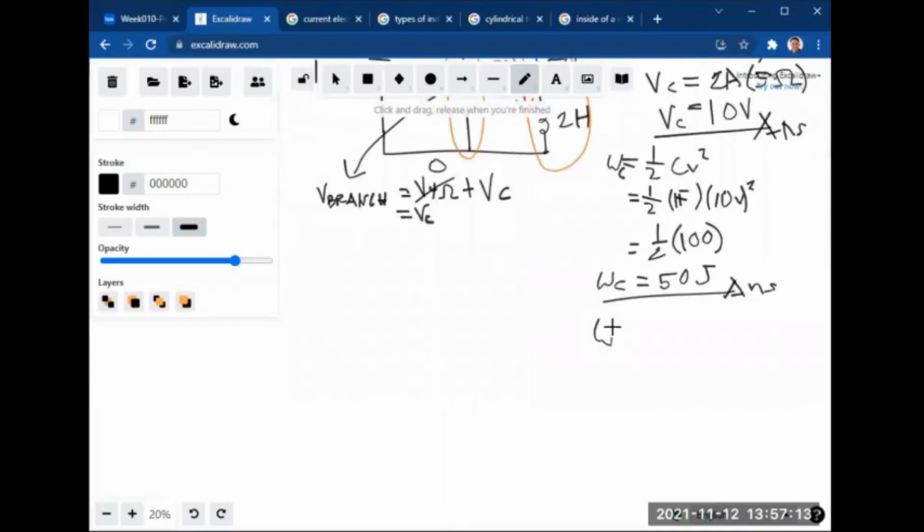For the energy across the inductor, okay, WL will be equal to 1/2 L i squared. Our inductor is 2 Henries.